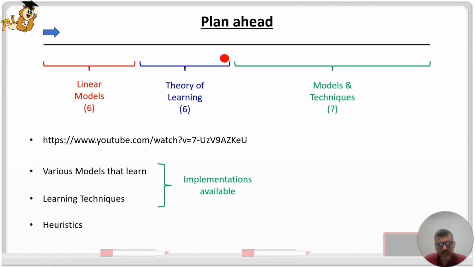So it's a change from the topics that we have dealt with so far, but it will be advanced models, advanced learning techniques. That is what finally AI is all about, and that's what's going to be the subject for the subsequent lectures.